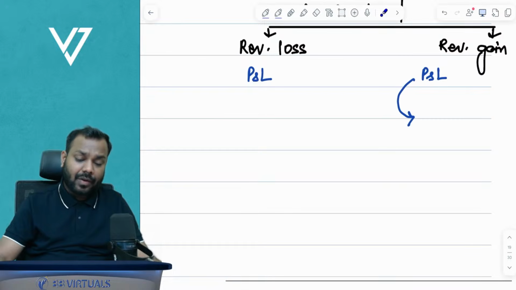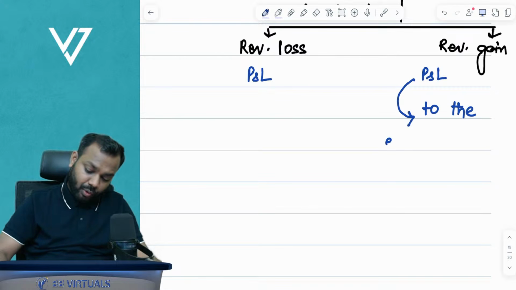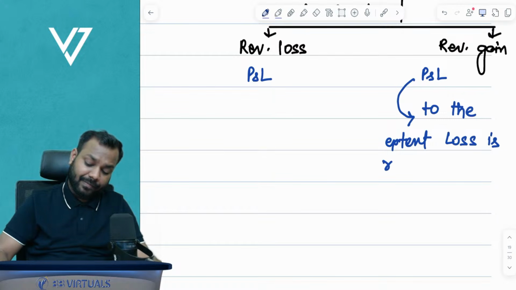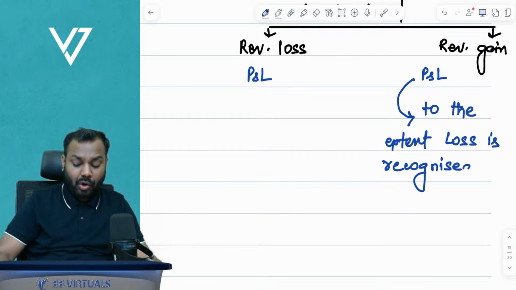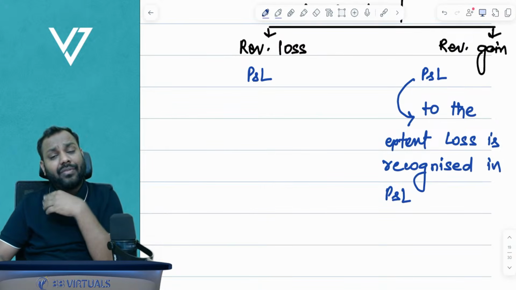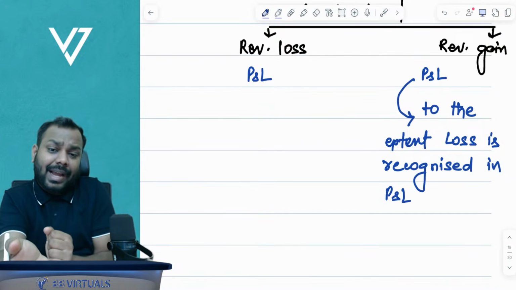So the gain which will be recorded in P and L is only to the extent loss is recognized in P and L. Please understand one thing, guys, that for revaluation gain or loss, the basic treatment is OCI.